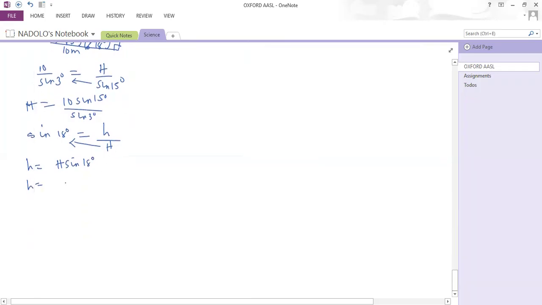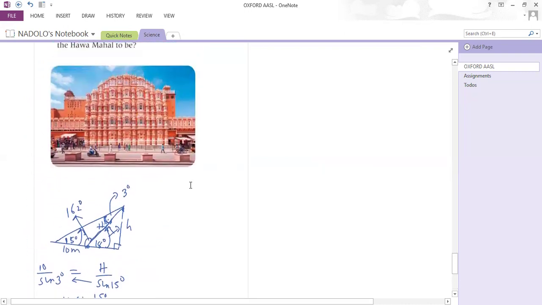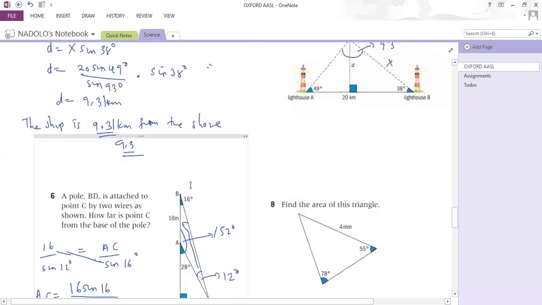That will give us h, which is 10 sine 15 degrees divided by sine 3 degrees, then times sine 18 degrees. Use your GDC, and you should get your answer as 15.3 meters. So that is how high the tower is.